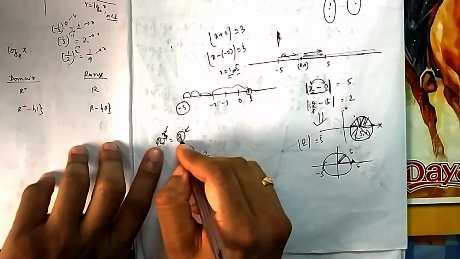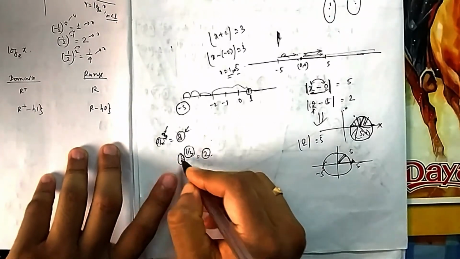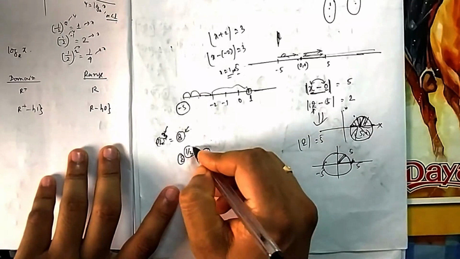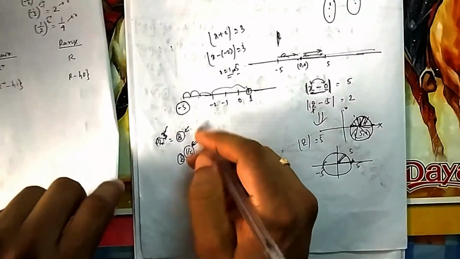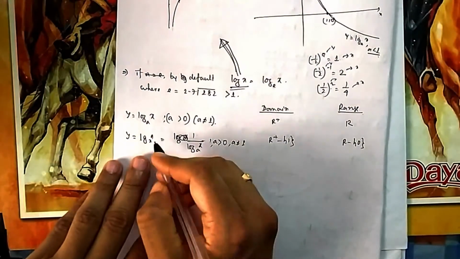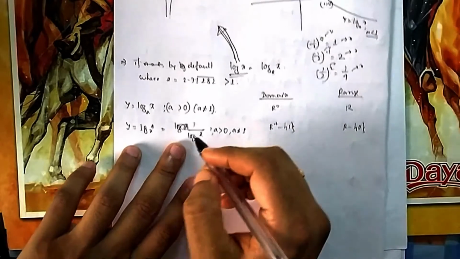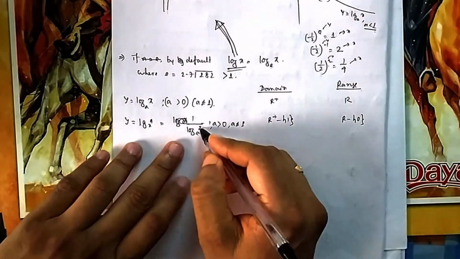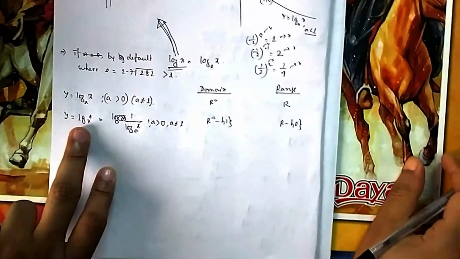Now if you change the input and the base, so that your input is this one and base is this one, what happens to your output? It gets inverted. In place of 3, it is 1 by 3. So if you change your input and base, the output becomes the reciprocal, 1 by this one. So you can change them, and the result will be the reciprocal.